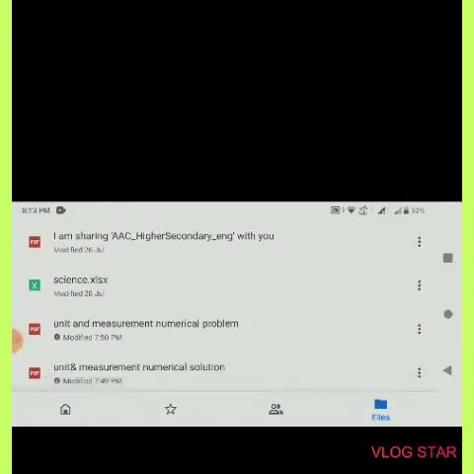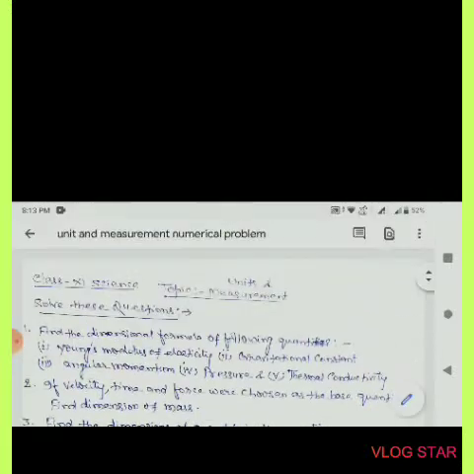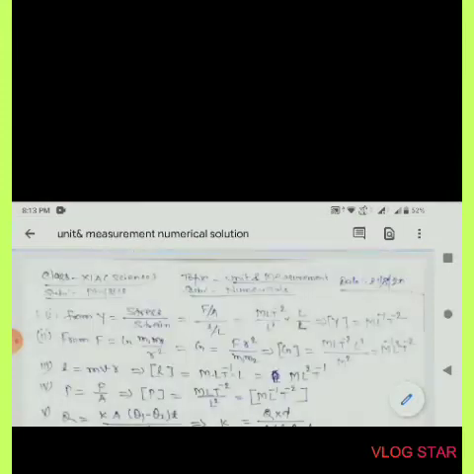Find the dimensions of a and b in the equation (P plus a upon V square)(V minus b) is equal to RT, where P is the pressure, V is volume, R is the universal gas constant and T is temperature. See how we can solve this question.